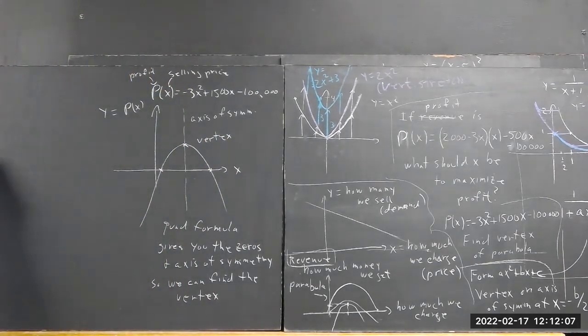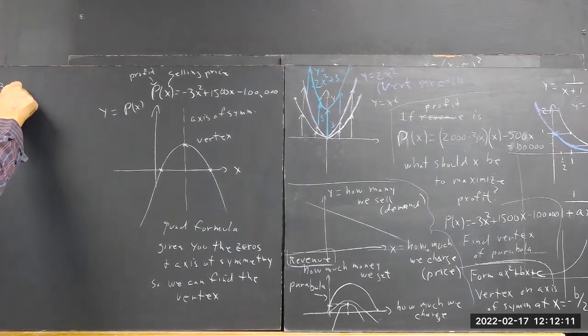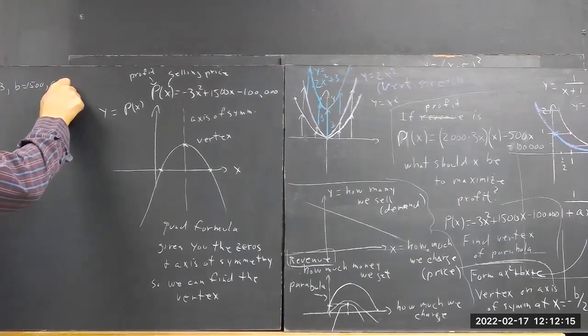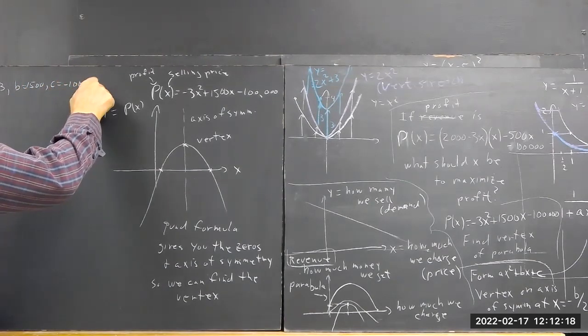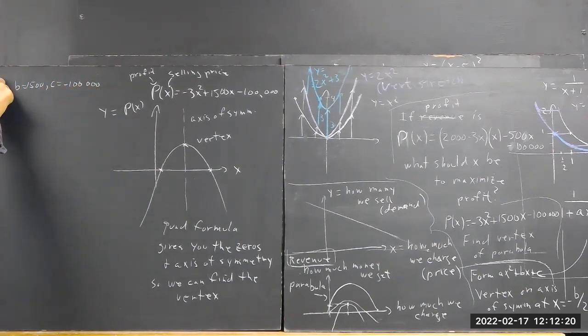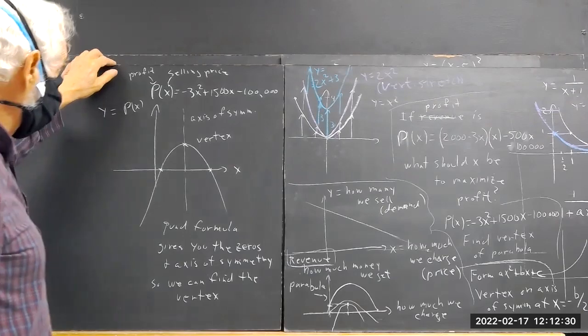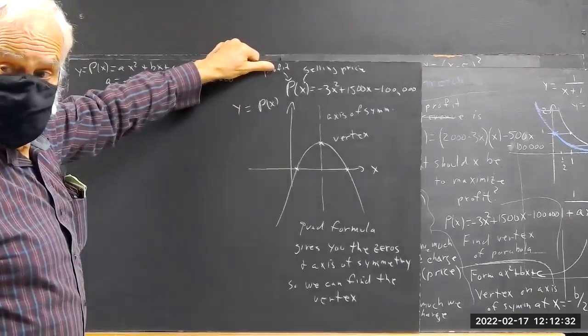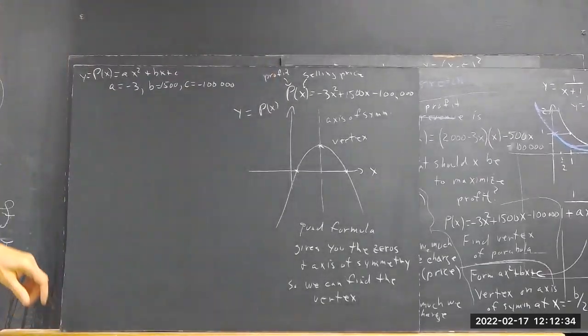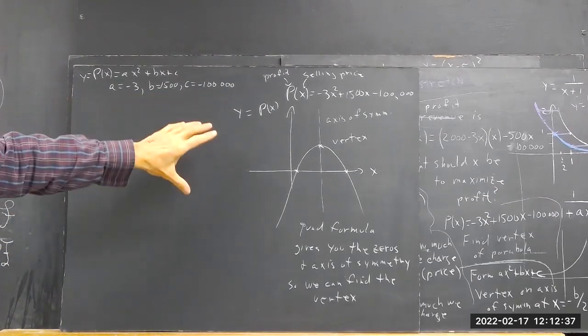Okay, well, a equals negative 3, b equals 1500, c equals negative 100,000. So your y equals P of x equals this, and off the screen. So let's do it now. There it is.